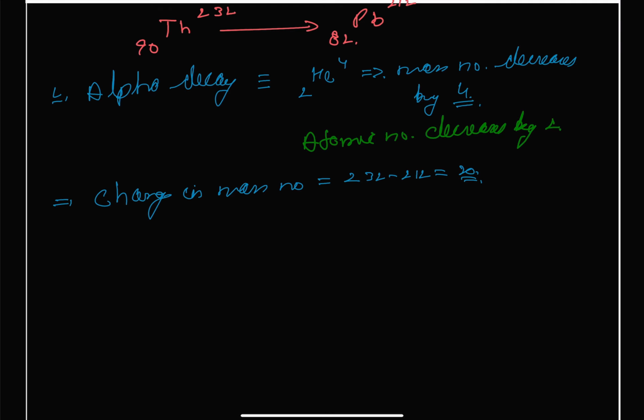Therefore we can write that the number of alpha particles will be equal to 20 divided by 4, giving us 5. And because of the same number of alpha particles, the charge Z will change by 10 units.